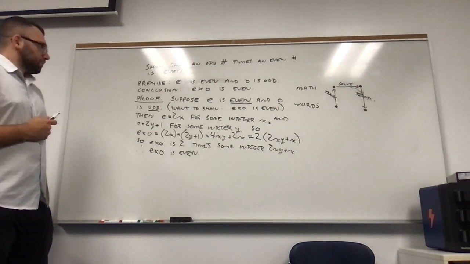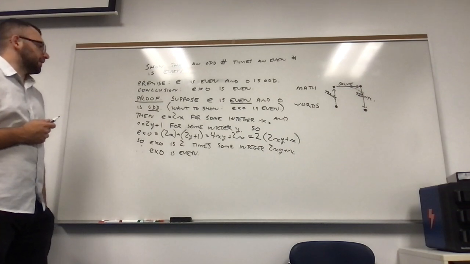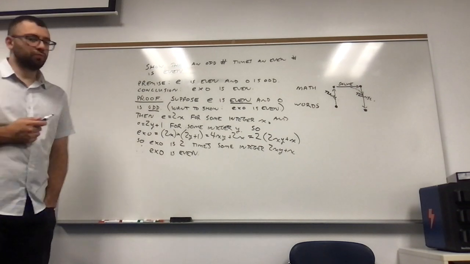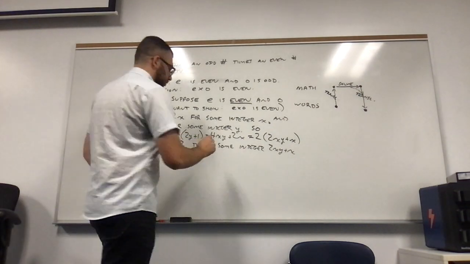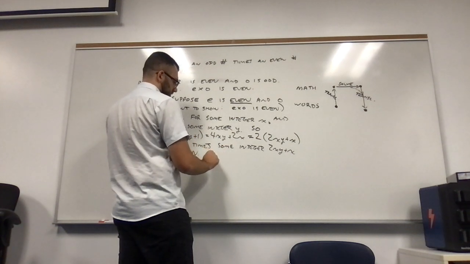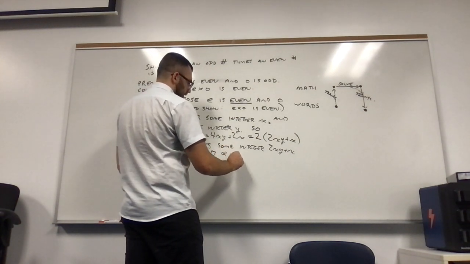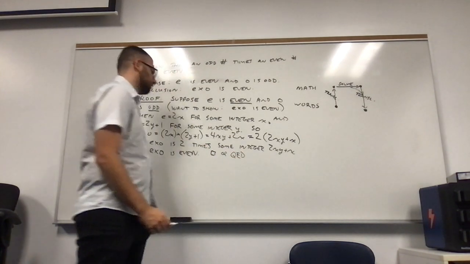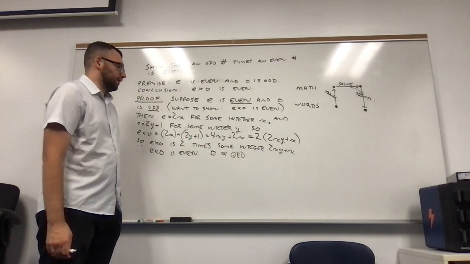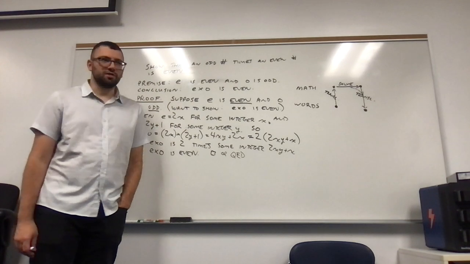Okay, so we've done this proof that E times O is even. We need to end the proof. Always end the proof using a little box or the letters Q, E, D, whichever you prefer. It's like the math version of a mic drop.